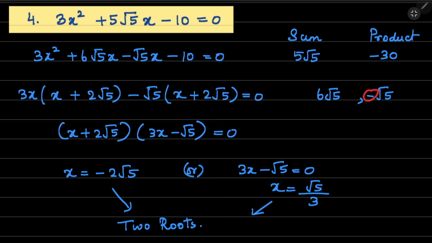And in order to put the negative sign, if I had put both negative, then the product would be positive. If I had put a negative to the bigger term, then the sum would be negative. But since it's a positive sum, you put the negative sign to the smaller value, so that the sum is positive and the product is negative.